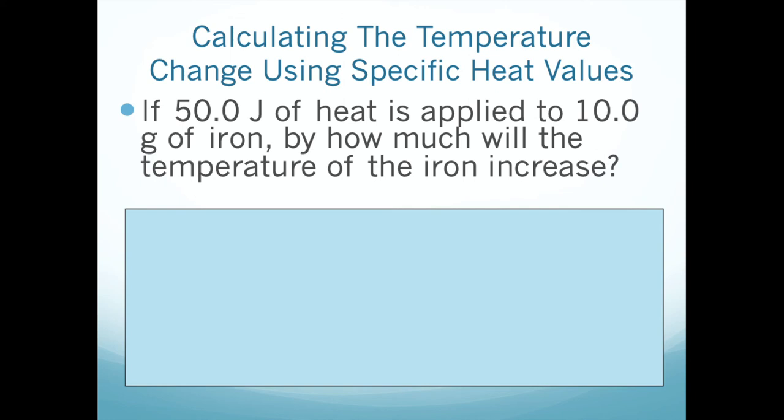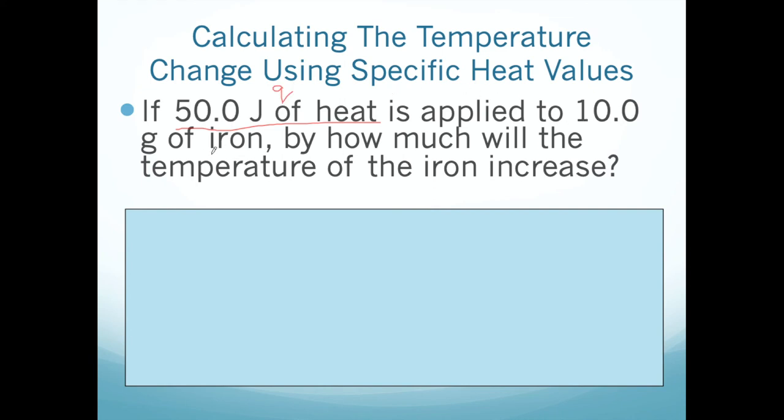So when you do a problem like this, you want to set it up the same way as before. You're going to read through this and say, all right, what is this question giving me? And what am I solving for? And how do I connect them? So we're starting off with 50 joules of heat. Remember, heat, and especially when you see the units of joules, that is going to be our Q in our equation.